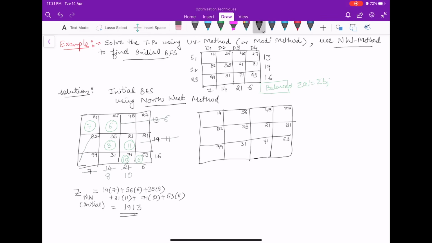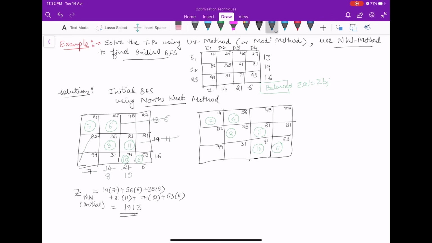So when I'm going to apply UV, the Zij minus Cij should be positive. Now let's put the allocation again here, and let us calculate the UV. The allocation here is 7, 6, 8, 11, 10, and 6. Now I want to apply Ui, Vj.